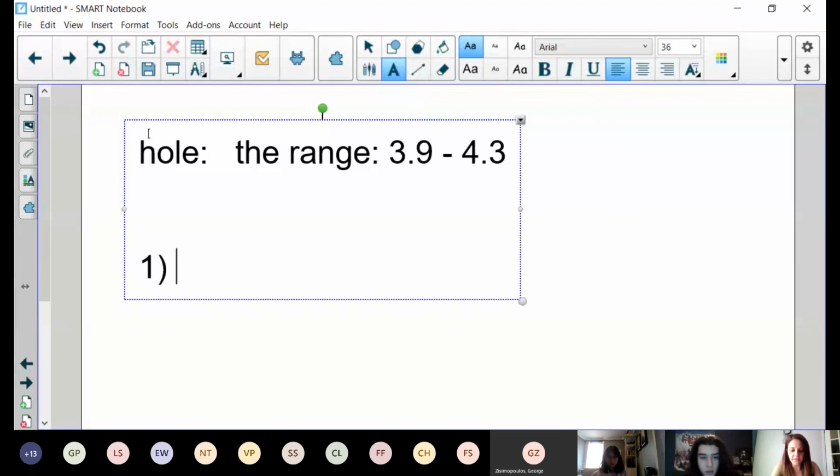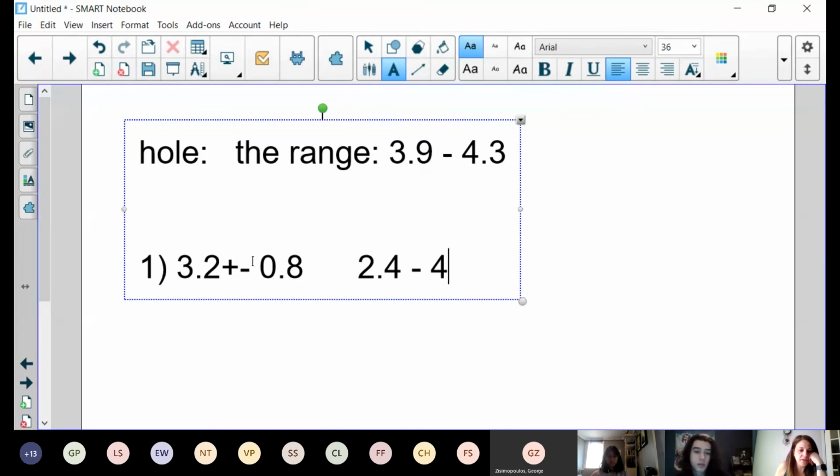I'm going to do the first one, then you have to do the rest. This means the size of the screw is anywhere between 2.4 and 4. See what I did? I did 3.2 plus 0.8 and 3.2 minus 0.8.